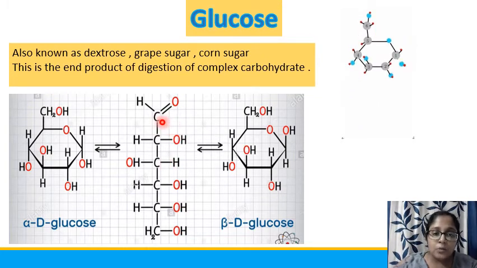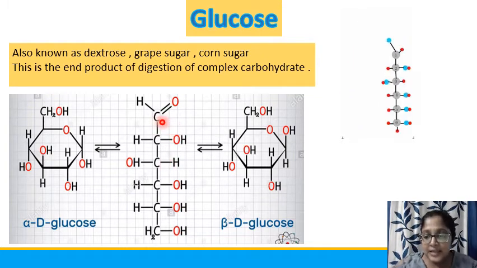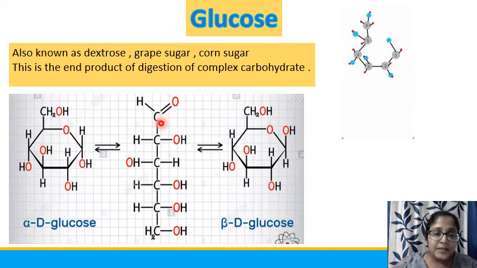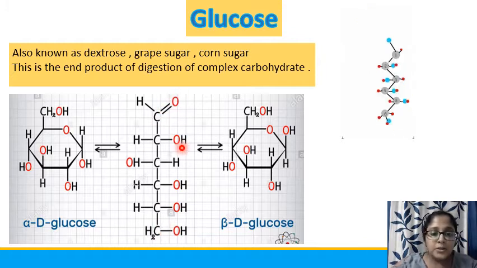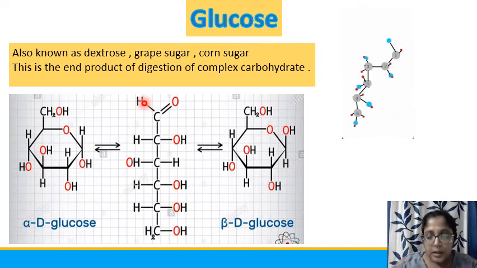So let us count, and the formula is CnH2nOn. Let us count the carbons first: 1, 2, 3, 4, 5, 6. So in the straight chain there are 6 carbons in total, and there are 1, 2, 3, 4, 5, 6 oxygens, and double will be the hydrogens.